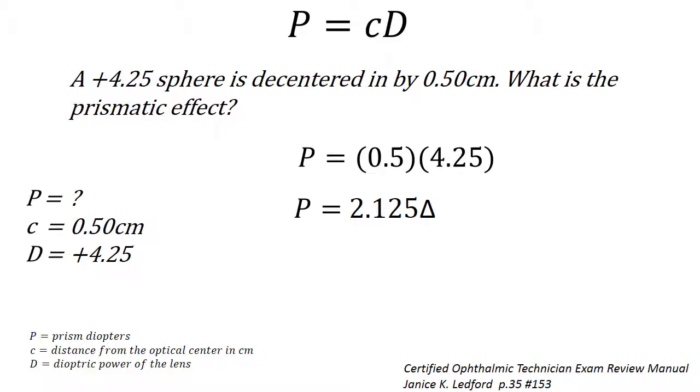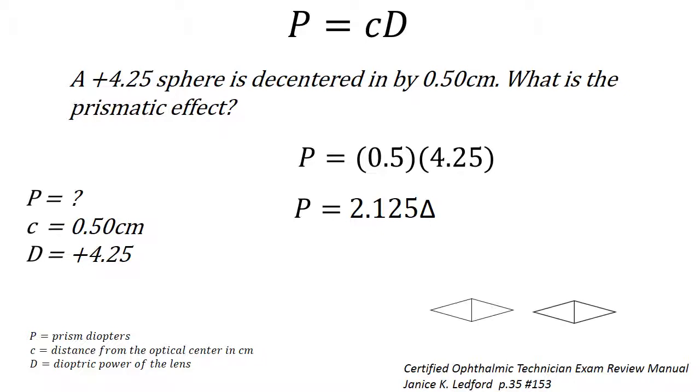You're going to have a 2.125 prism diopters base in, or a 2.125 prism diopters base out. And if you don't know the base in or the base out, then you're going to get the wrong answer. You might as well not even have bothered doing this part. Okay? And it's tricky. Draw a picture.